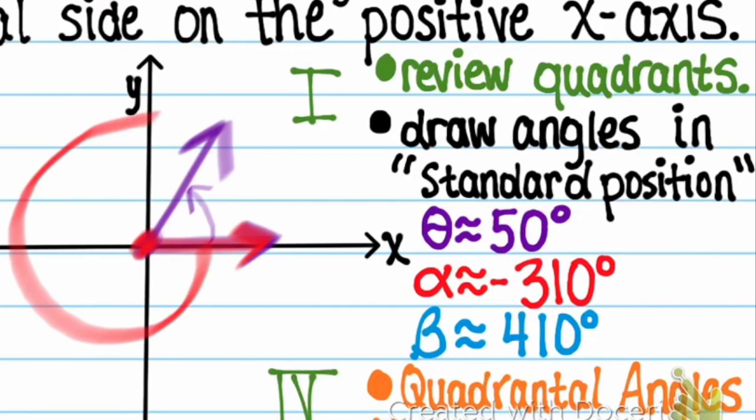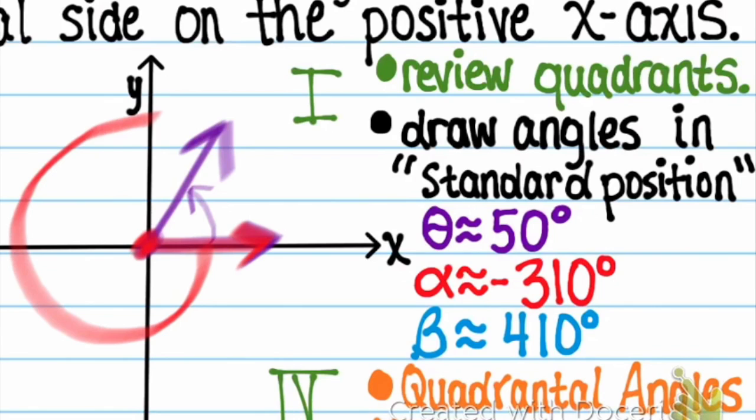Now this is actually the perfect opportunity to pause and remind yourself of what angle we are actually trying to draw. We are trying to draw the angle alpha equals approximately negative 310 degrees in standard position. We've already gone negative 270 degrees.